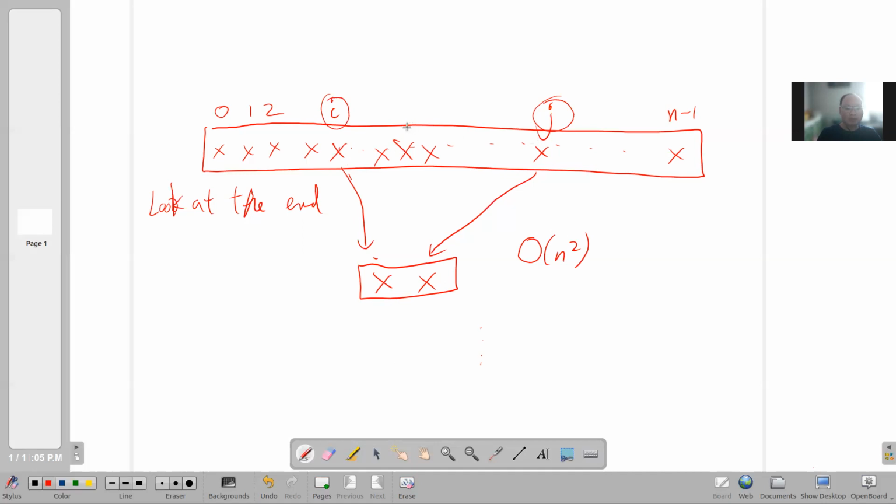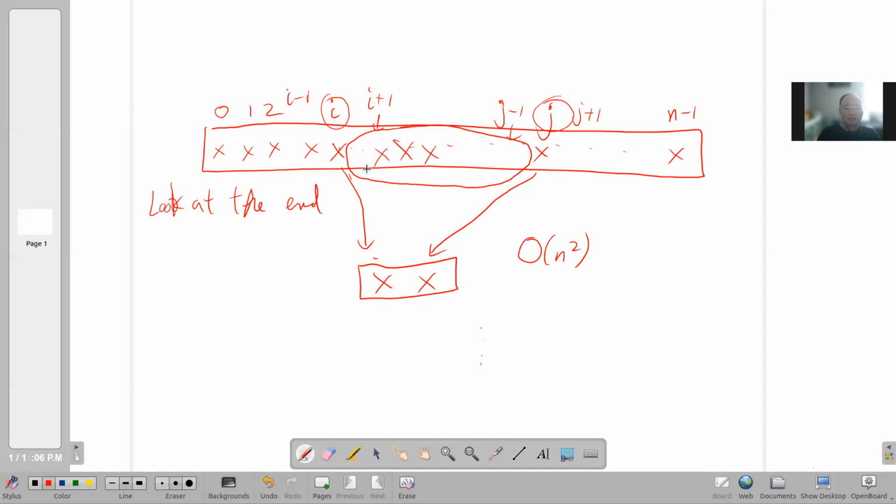That means somehow you have removed everything from i plus 1 to j minus 1, if you want to do inclusive indexing, and also from j plus 1 to i minus 1. So you have to be a little bit clever with the indexing to make sure that you have the wraparound taken care of.